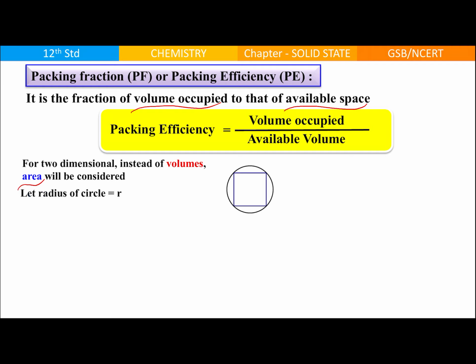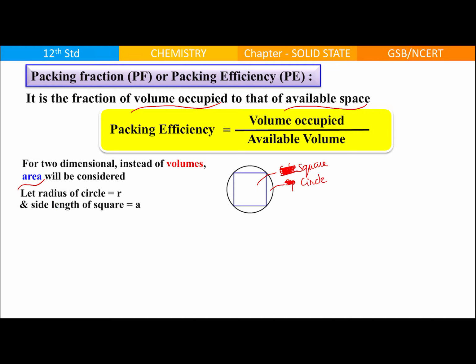Because it is two-dimensional, packing efficiency will involve the word area instead of volume. Now imagine we want to find the packing efficiency of this square in the available space of the circle.